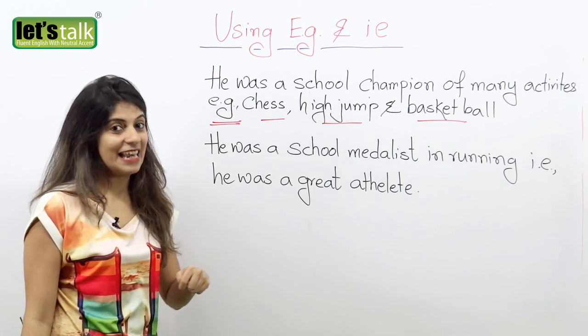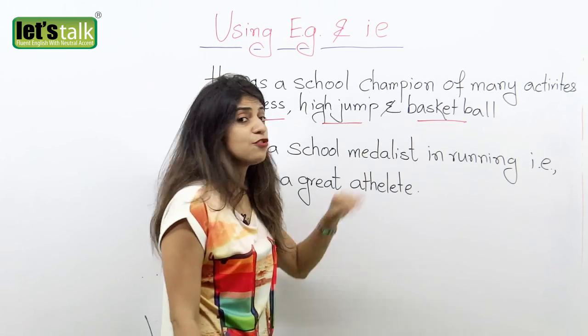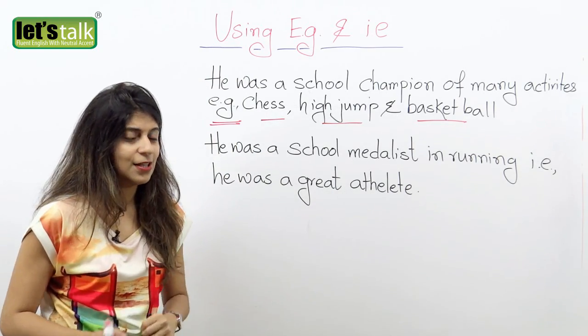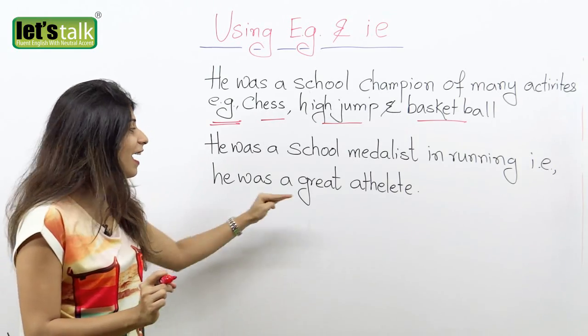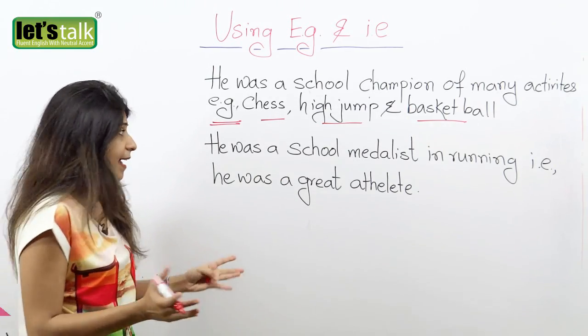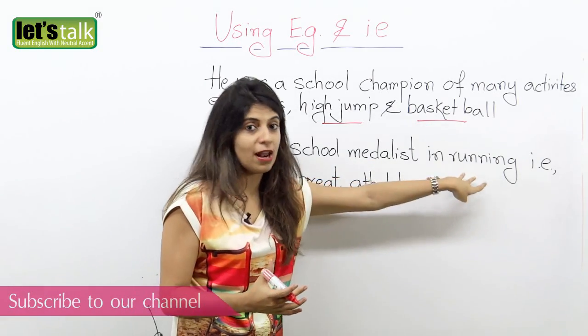If you look at the next sentence here, "He was a school medalist in running, i.e. he was a great athlete." So here I am clarifying what I have just written. Yes, he was a school medalist. This means he was great in running.